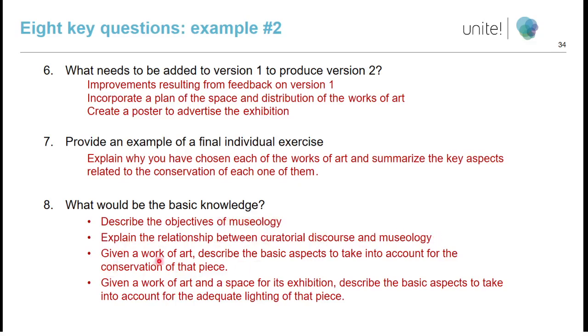Given a work of art, describe the basic aspects to take into account for the conservation of that piece. And given a work of art and a space for its exhibition, describe the basic aspects to take into account for the adequate lighting of that piece.